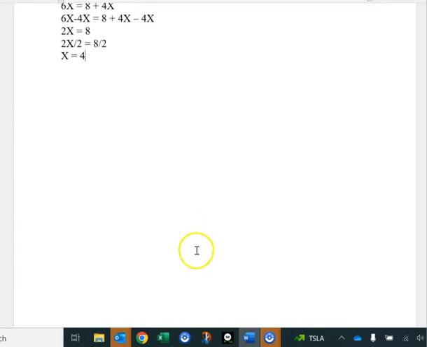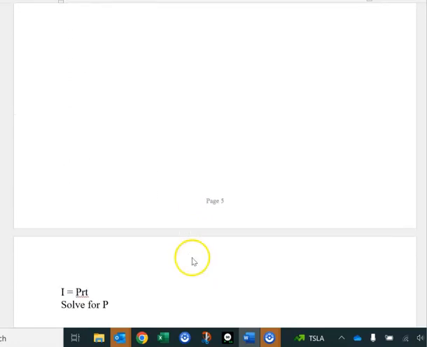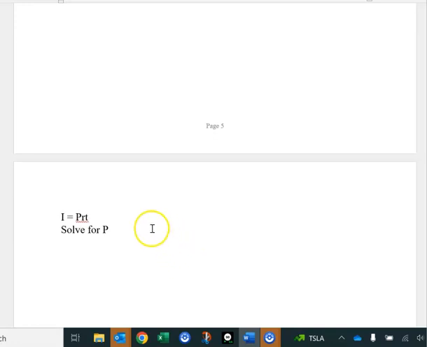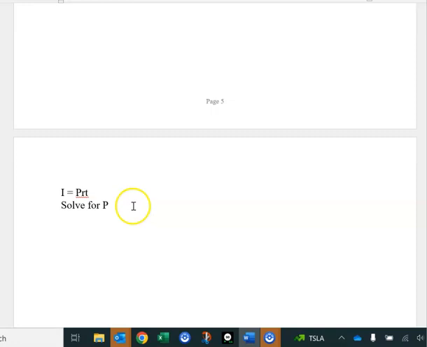Let's see if we have time for one more. My video will stop at 15 minutes. Solve for P. So we looked at this one before when we were solving for T. So in order to solve for P, we need to get rid of the RT. So I'm going to say I divided by RT equals P RT divided by RT, right?